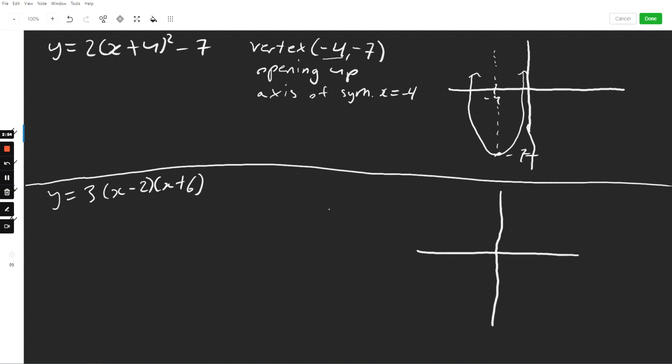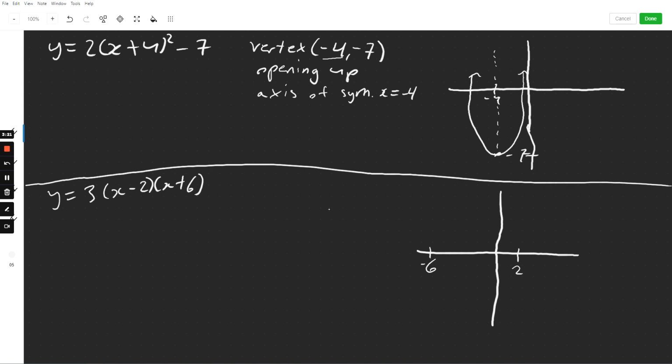So we have the x-intercept at 2, and another one at -6. Now to find the middle between these two, we just do -6 minus 2.